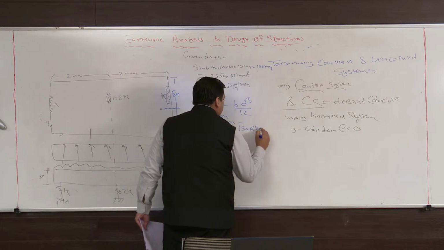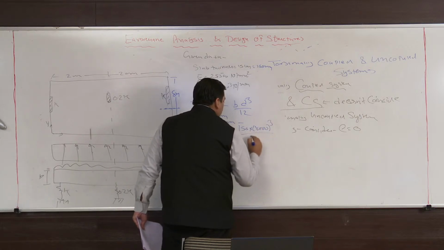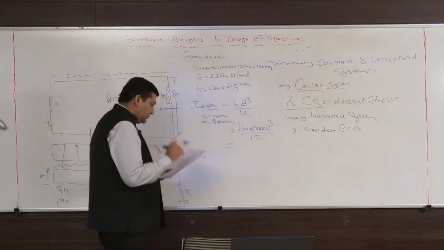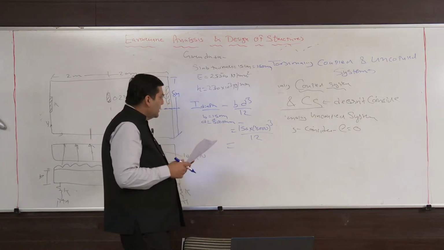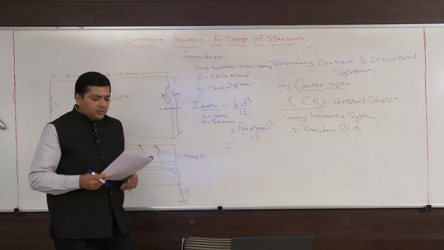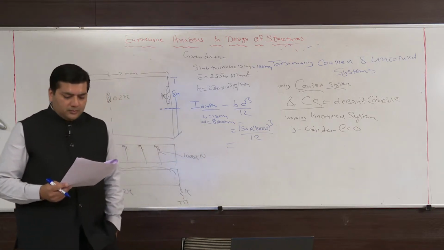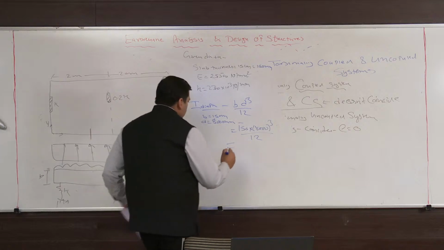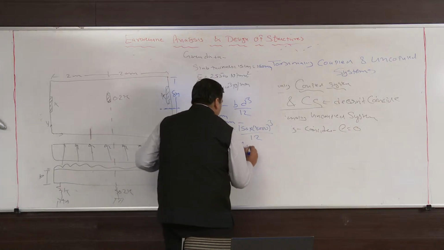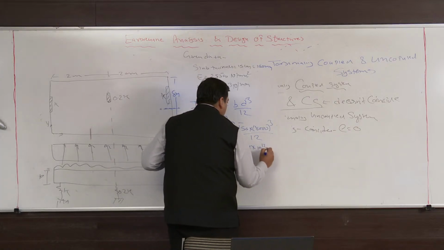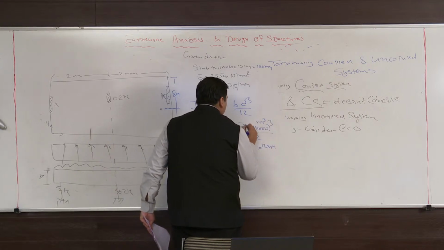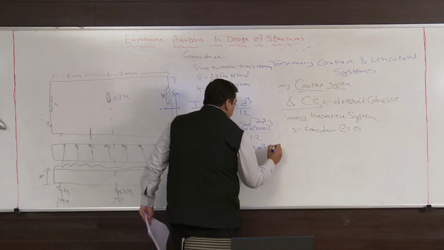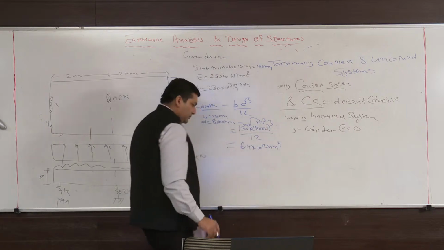150 into 8000 cube by 12. What is the value? 6.4 into 10 to the power 12 mm, mm cube into mm, so mm to the power 4.